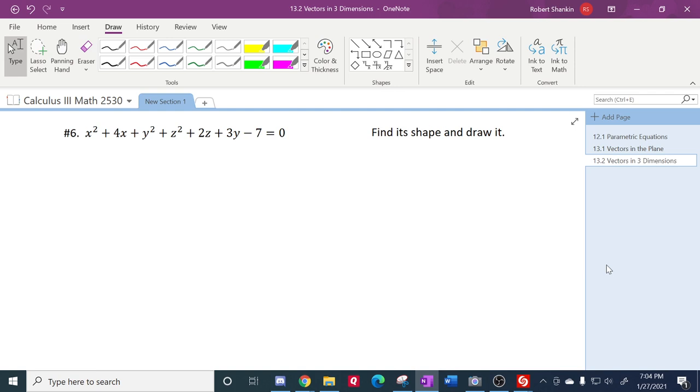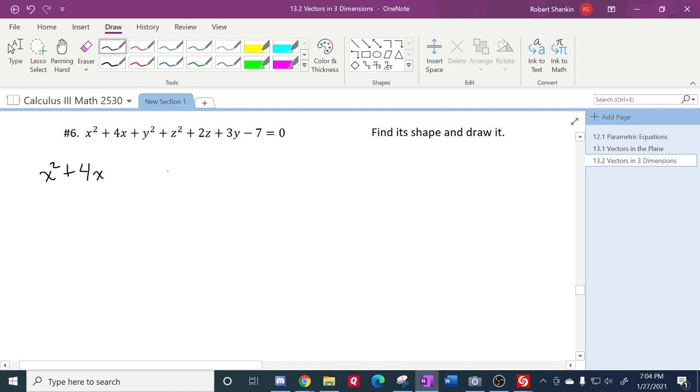I think that you gather the similar terms, x squared and x, y squared and y, and z squared and z, and the constant goes to the right side of the equation.